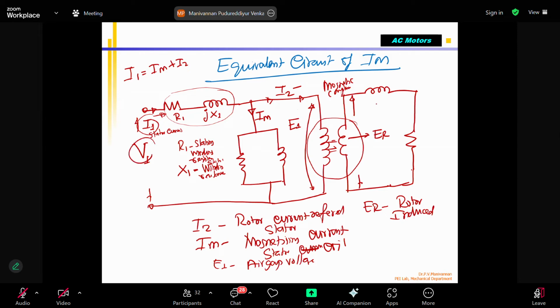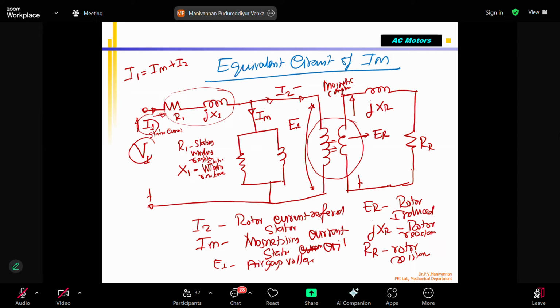Then this is called jXR, the rotor reactance, because it is an inductor. The rotor coil also has resistance, called RR, the rotor resistance.